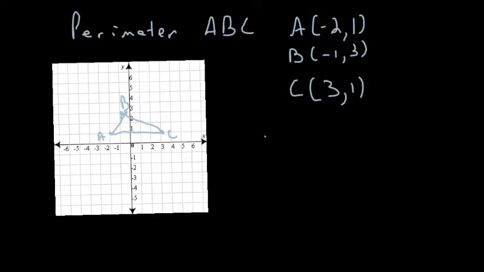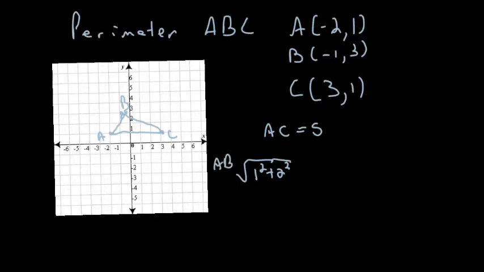So AC equals 5. Now to find AB and BC, we're going to have to do the Pythagorean Theorem. So A to B, that'd be 1 on your X, 2 on your Y. So that'd be the square root of 1 squared plus 2 squared, and this is for AB.